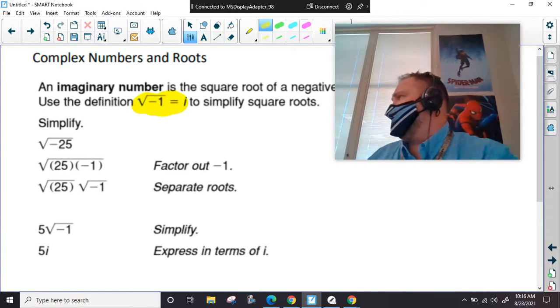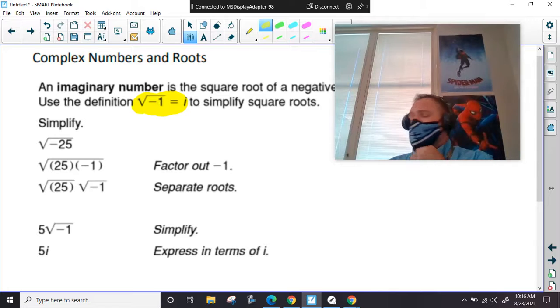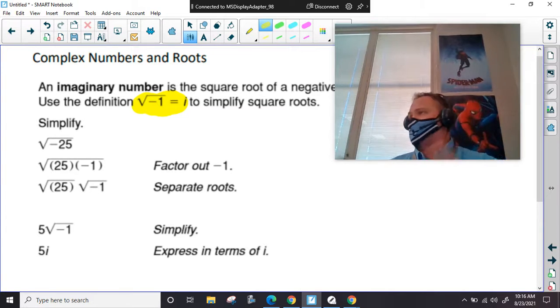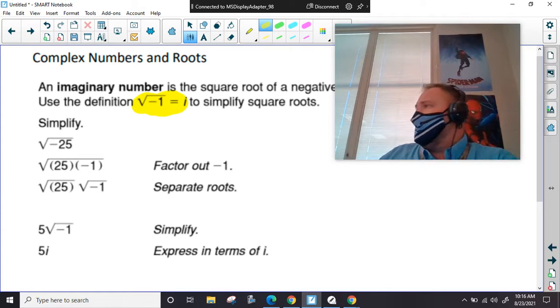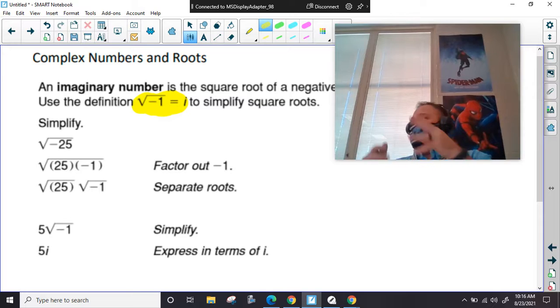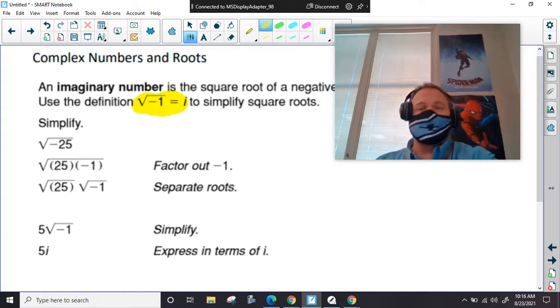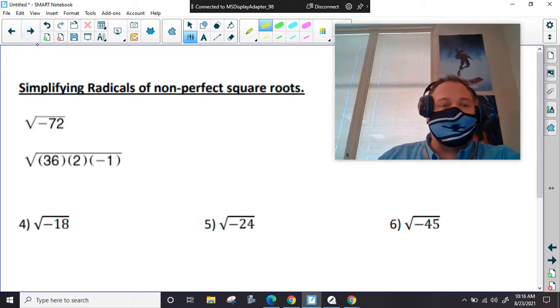I did have a class this spring that did a project to find places that use this, with just a brief description. And that's it. Don't get wrapped up in why it is imaginary. Just here's the deal: anytime we see the square root of a negative, it's going to have an i out there. So we need to make the main thing the main thing.